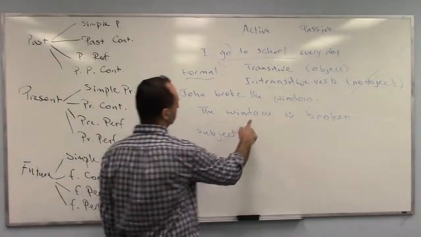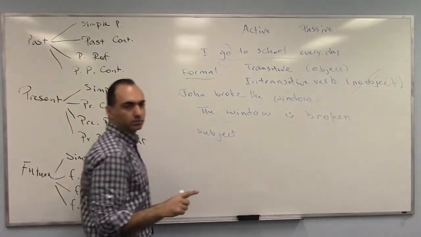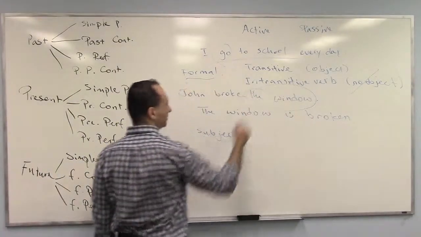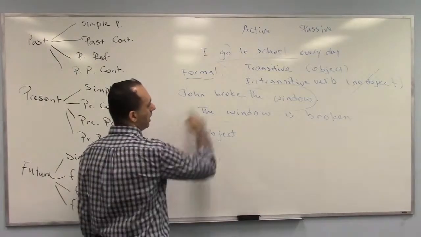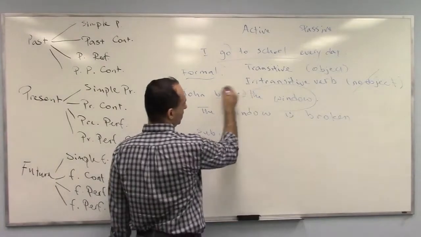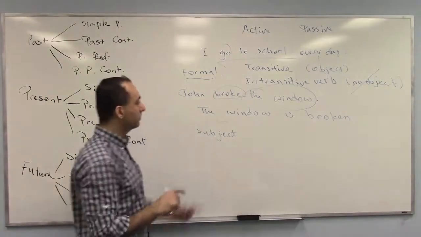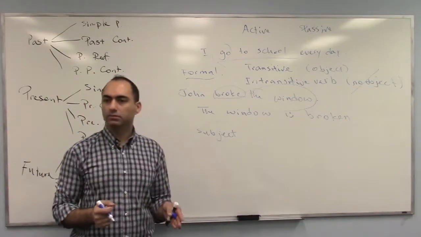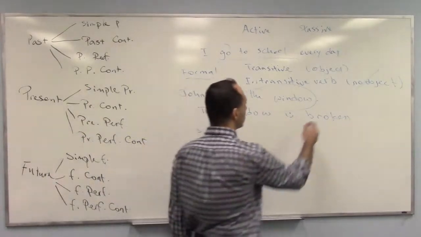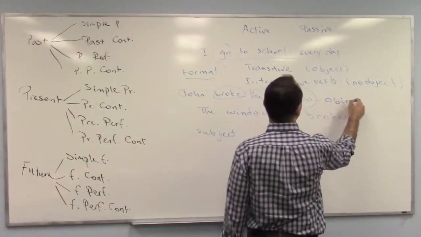Because when I say, John broke the window, I take the object of the sentence of this verb, which is basically a transitive verb. Break, you break something, right? So something is broken. This is the object.